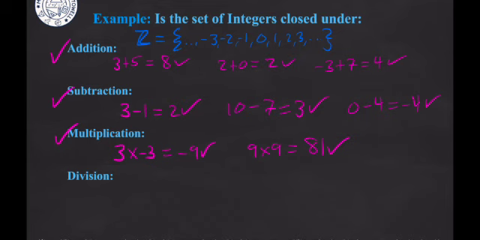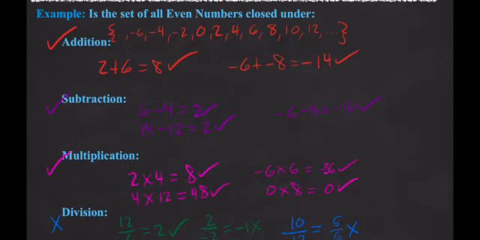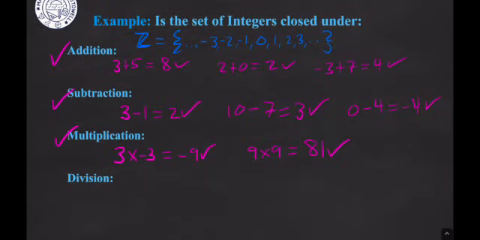Division, unfortunately, does not. Just like the even numbers up here are not closed under division, division with integers is not closed as well. Let me give you a few examples. Let's say we did 1 divided by 3. That's not an integer. You have an integer on top, an integer on bottom, but 1 divided by 3 is not an integer.